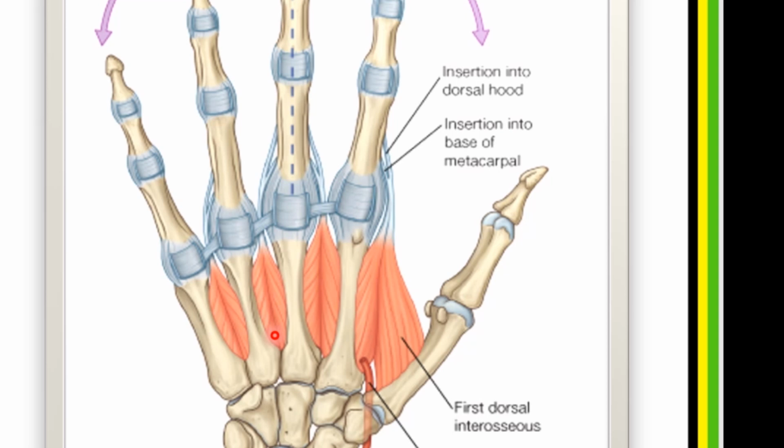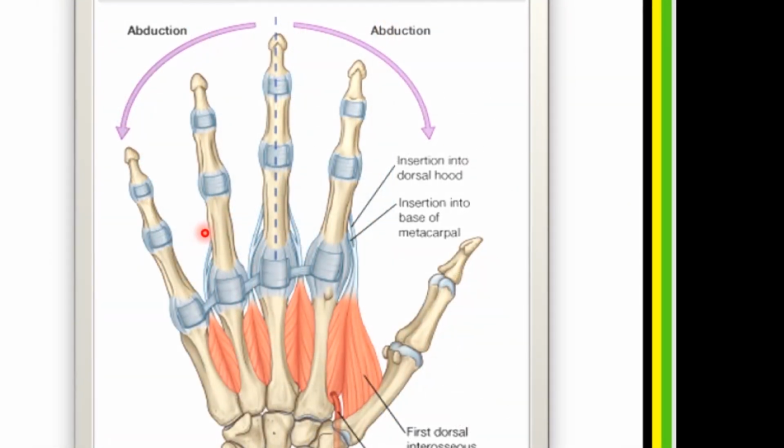The second inserts into the lateral side of the middle finger, and the third inserts into the medial side of the middle finger. Then finally, the fourth dorsal interosseous is seen inserting into the medial side of the ring finger.